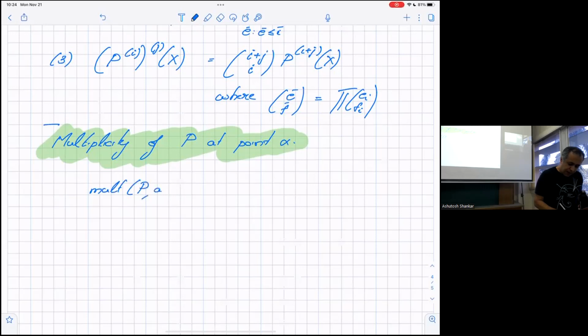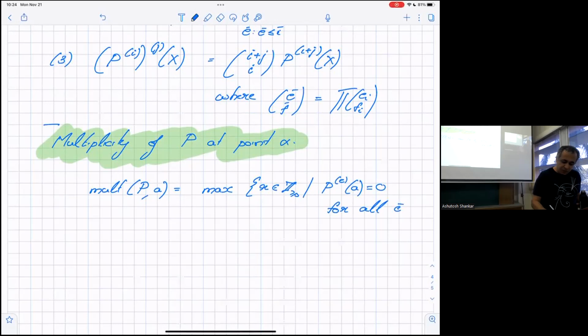The multiplicity of the polynomial p at a will be the max over all r in non-negative integers such that p_E, evaluated at the point a, is zero for all E such that the weight of E is less than r.